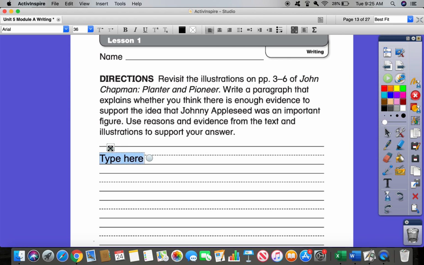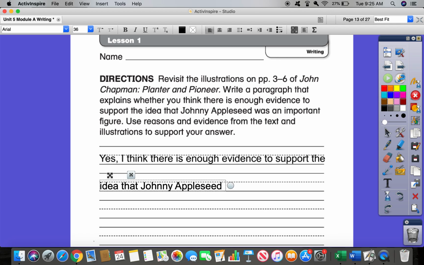So you might say, "Yes, I think there is enough evidence to support the idea that Johnny Appleseed was an important figure."